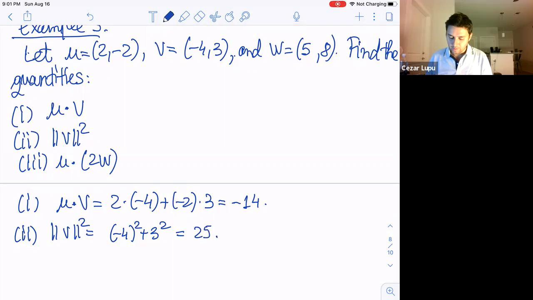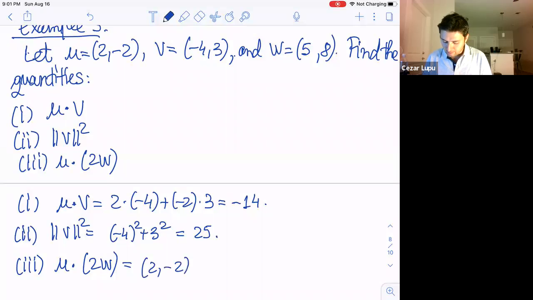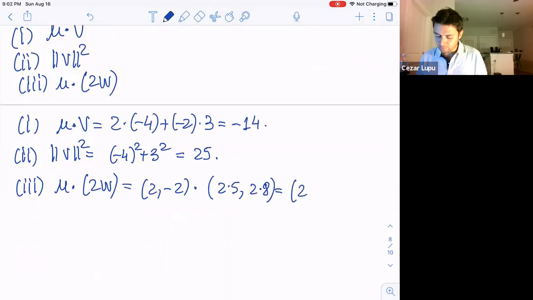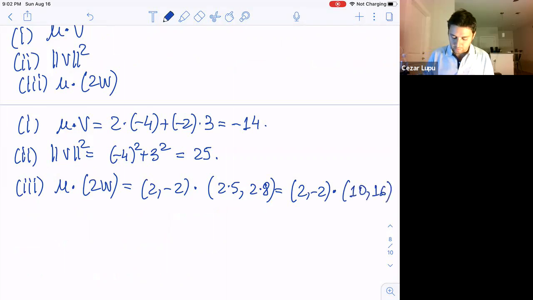And the last one, we want to find the dot product between u and 2w, which is (2, -2) dot, and this 2w will be 2 times 5 and 2 times 8, which is (10, 16). So this will be 20 and -32.